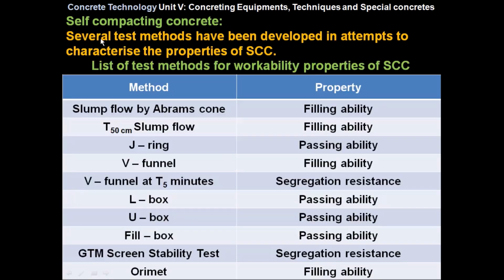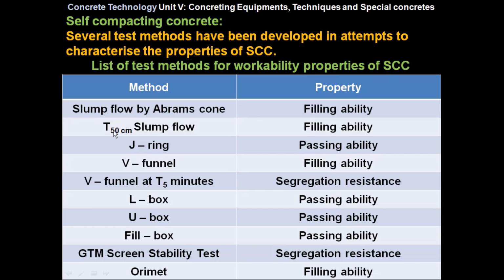Several test methods have been developed in attempts to characterize the properties of SCC, that is self-compacting concrete. The list of the test methods for workability properties of SCC is given below. Here the method is given and here the property is given. The method slump flow by Abrams cone gives filling ability.